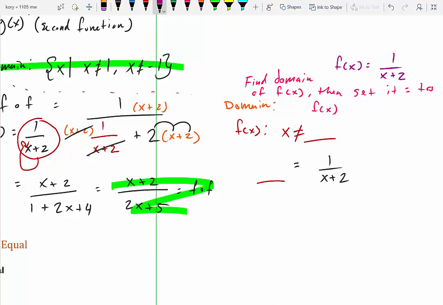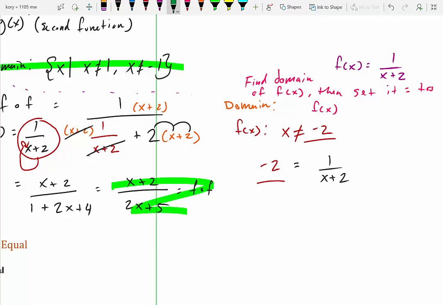In this case, it's f of f, or f composed with f, so you just set it equal to f. We have our function f of x is 1 over x plus 2, so what can you not put in there? What can't go there? Negative 2, right, we already had that. So we're going to set it equal to our f of x.